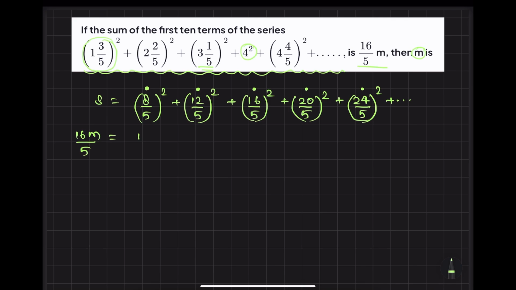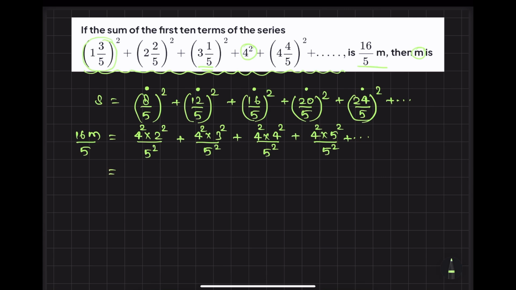So can I write 4 times 2 square by 5 square, plus 4 times 3 square by 5 square, plus 4 times 4 square by 5 square, plus 4 times 5 square by 5 square. If you observe, in every element you are writing 4 square by 5 square, right?